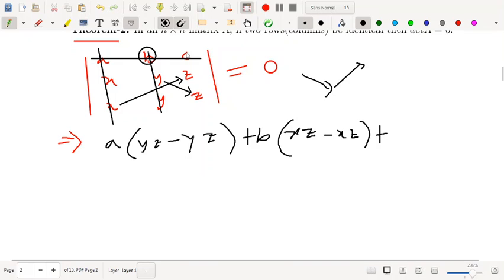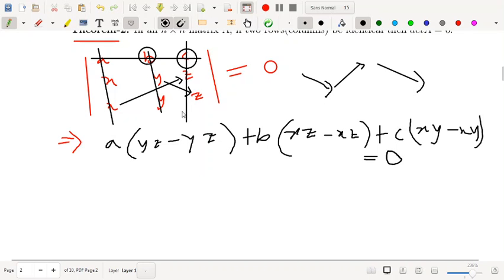Last I am considering the third column, the intersection element is C, and the rest is XY minus XY. So you see all the terms are 0, so it will give you 0.